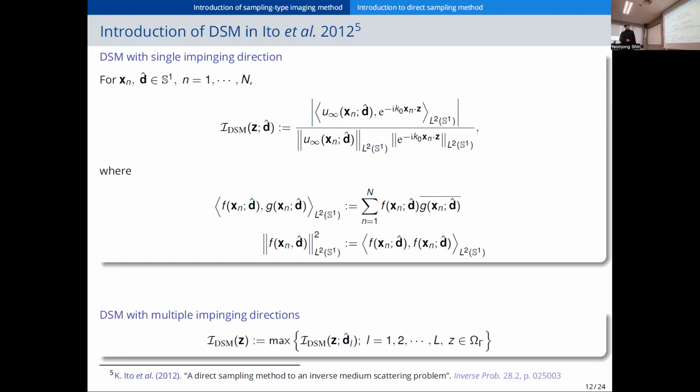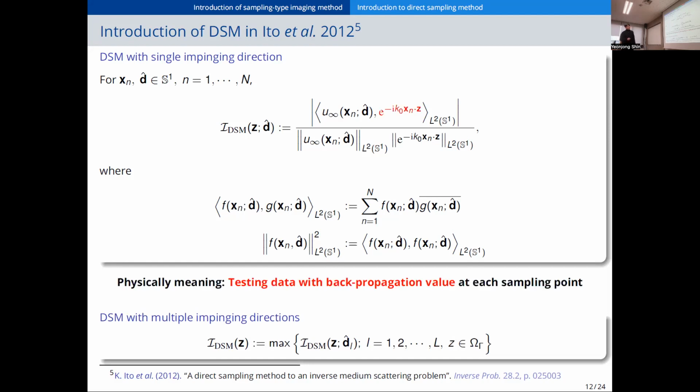For multiple impinging directions, it is defined like the maximum value, where we know that this part is the far field approximation of the Green function. This means that we test the data with the backpropagation value at each sampling point.